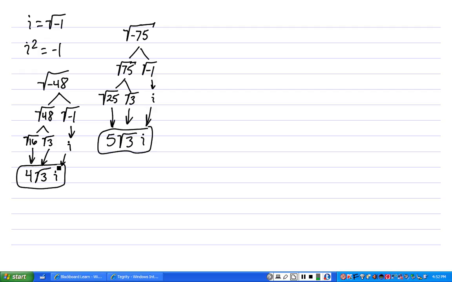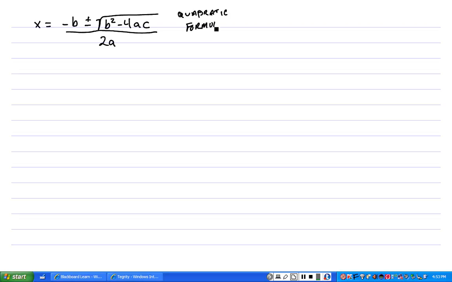And we're going to talk about this in terms of using the quadratic formula, where x equals -b plus or minus the square root of b squared minus 4 times a times c, all over 2 times a. Alright, quadratic formula.